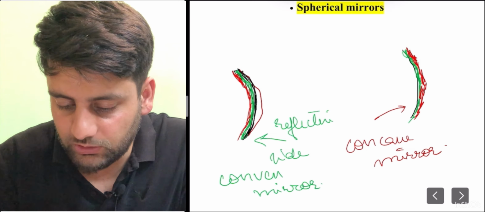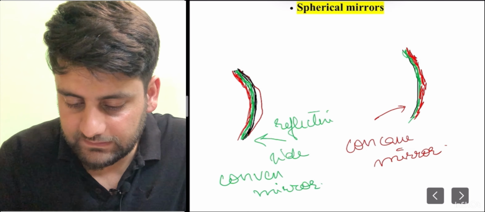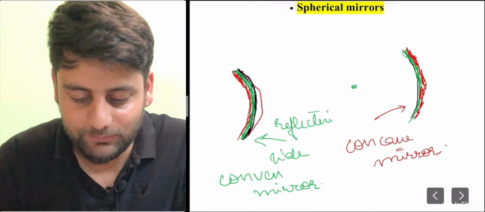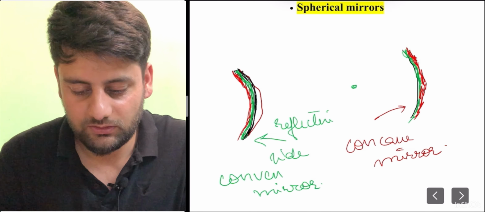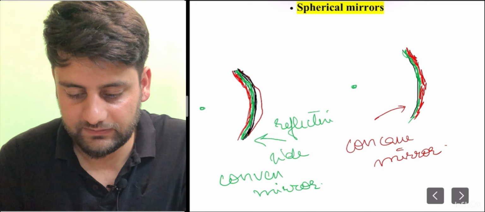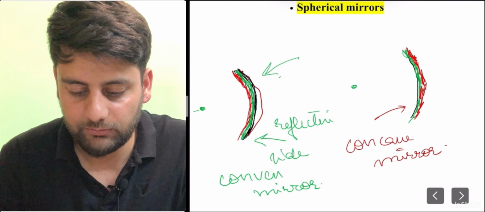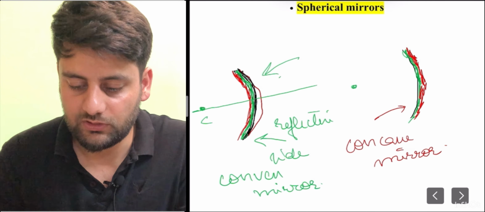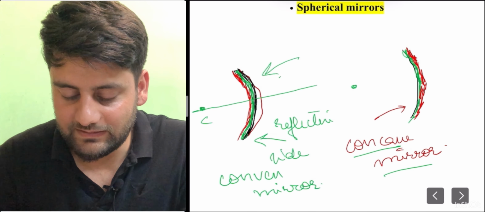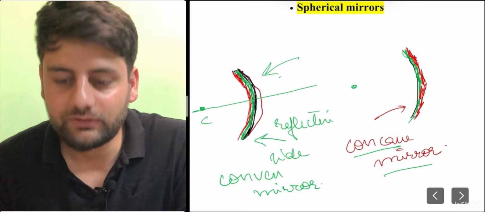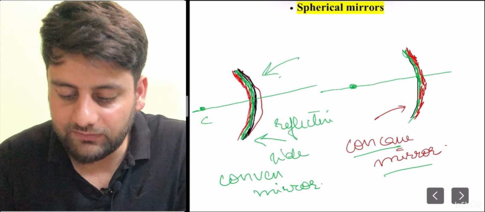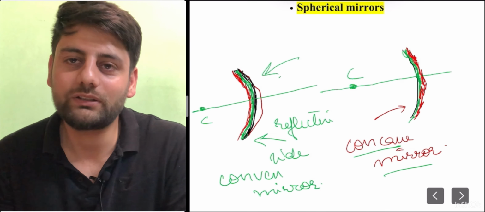Now take a look at where the center of curvature is. If I am talking about a concave mirror, definitely this is where its center of curvature will be. And if I am talking about this convex mirror, this side is reflective and behind the mirror will be my center of curvature. In a concave mirror, the reflective side is on the front side, so the center of curvature is on the reflective side.